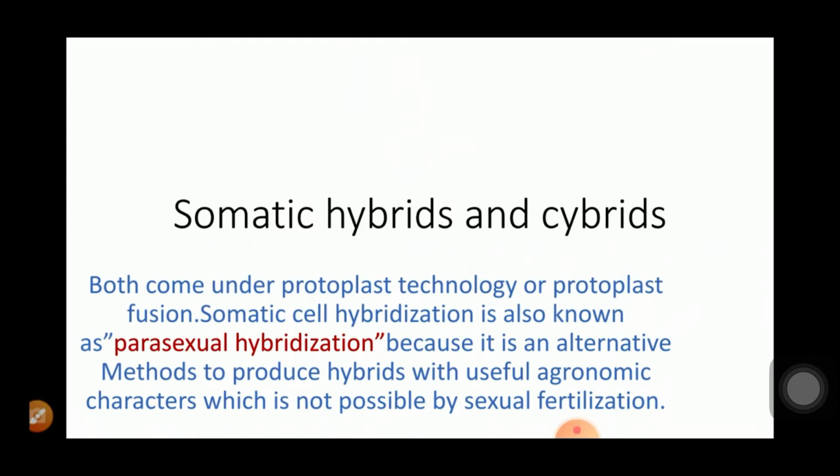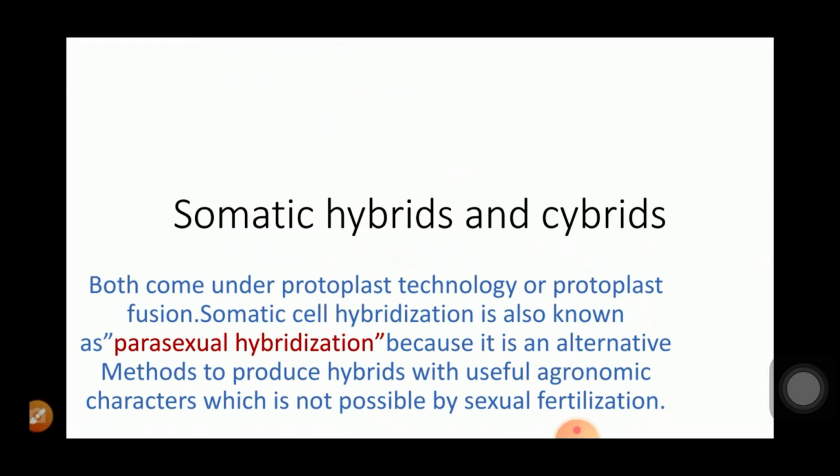So sometimes we call somatic hybrids or cybrids parasexual hybridization. What is the meaning of parasexual hybridization? Parasexual hybridization means an alternative pathway of reproduction where, instead of using gametes, we are using cells containing their nuclear genome or non-nuclear genome.